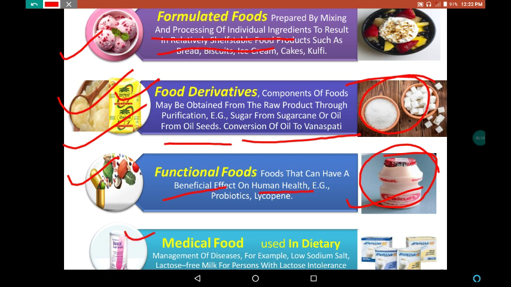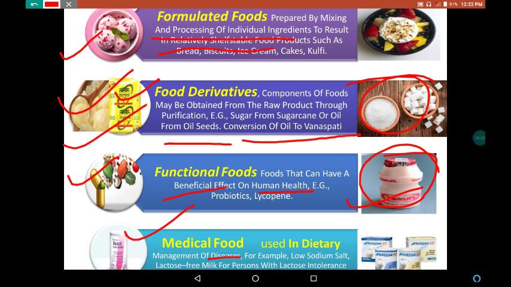Another one is medical food. Medical foods are used in dietary management of diseases. It is prepared for control or management of any disease.